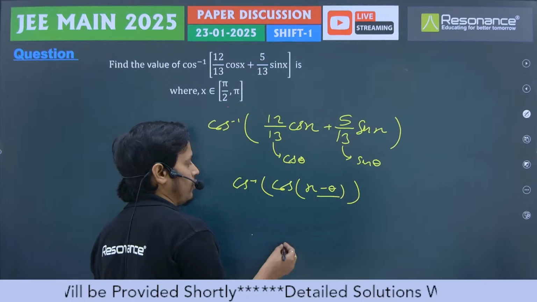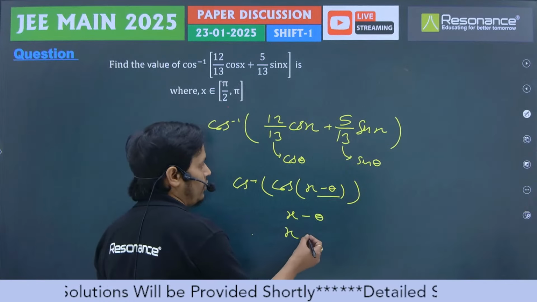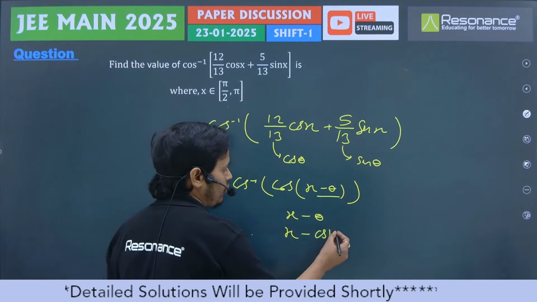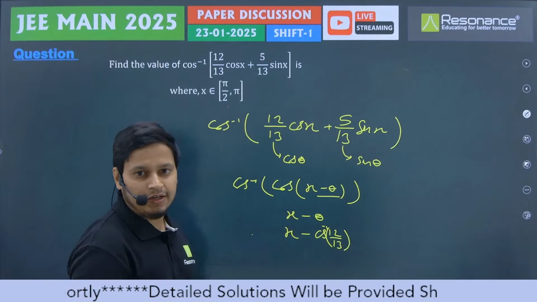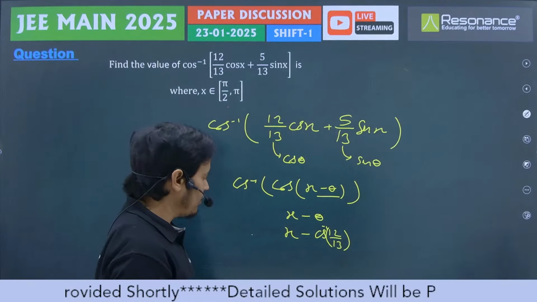So cos inverse and cos cancel each other, and you get x minus theta. Putting the value of theta back, theta is cos inverse 12 by 13. It might be given in terms of tan inverse or sin inverse, which we can convert. But this was one question.